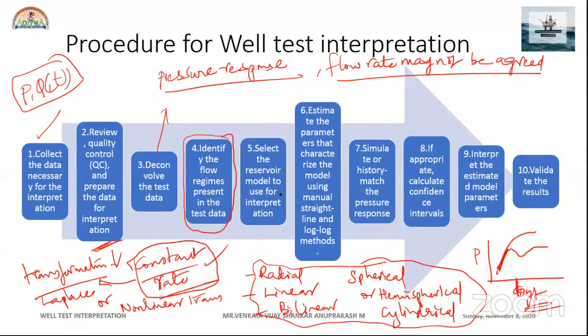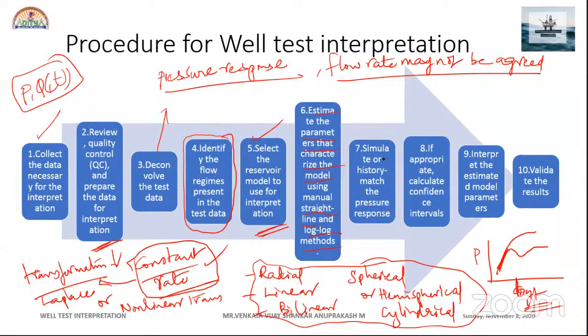Once you have selected the flow regime, the next important task is to decide the probable reservoir model. Once you have estimated this, next is to estimate the parameters that characterize the model. By fitting the straight line and log method, we are able to obtain which is a better response, I mean a better fit.